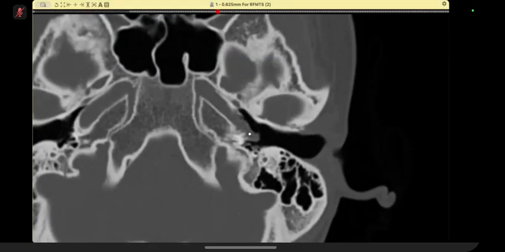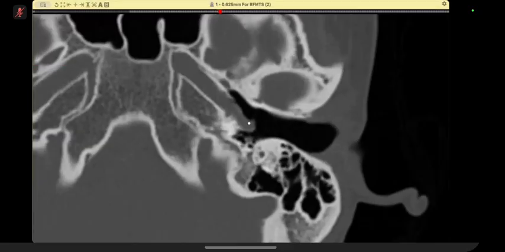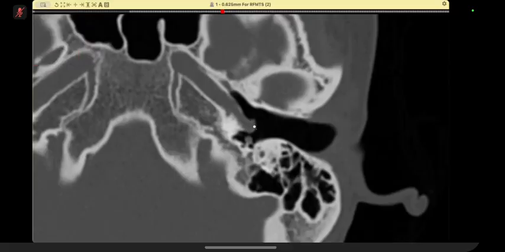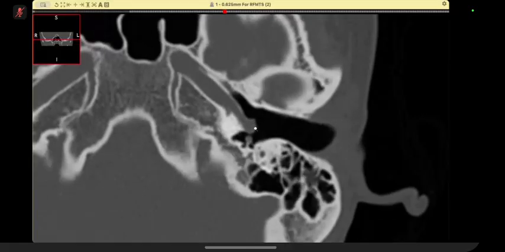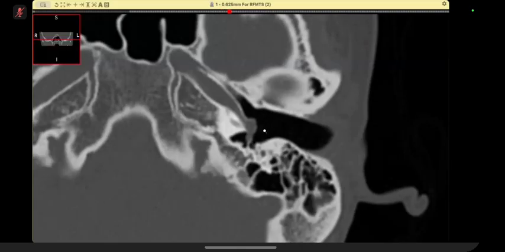There has to be a bone there, and there is no bone. So it is dehiscent. And this is even on a non-enhanced CT, you can make this diagnosis, that it is projecting into the mesotympanum.